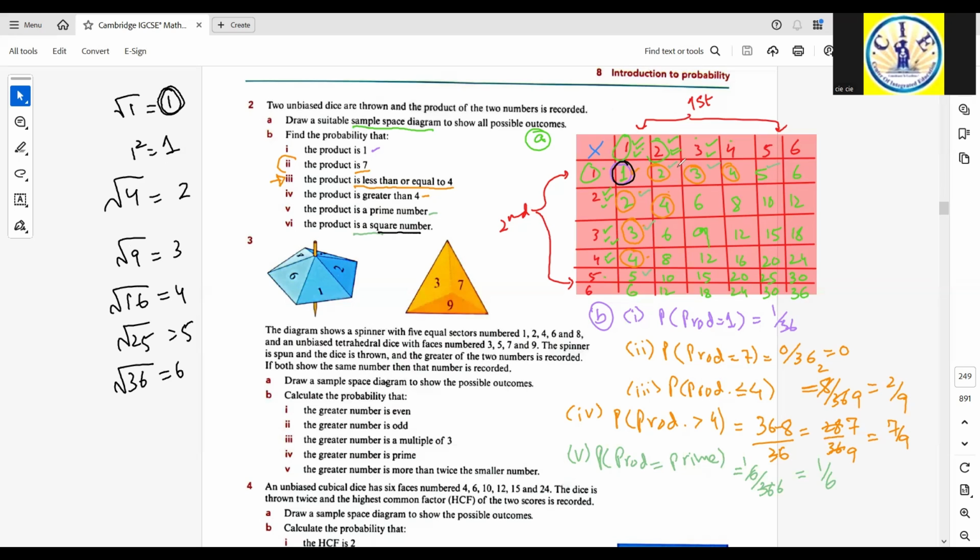So let's find and count them. How many are these? 1, 2, 3, 4, 5, 6, 7, 8.